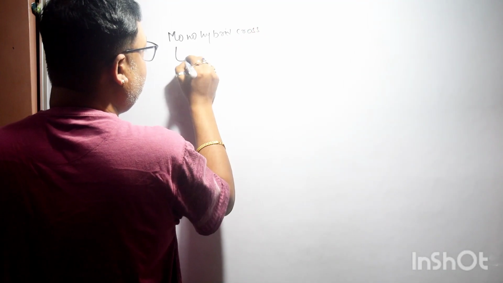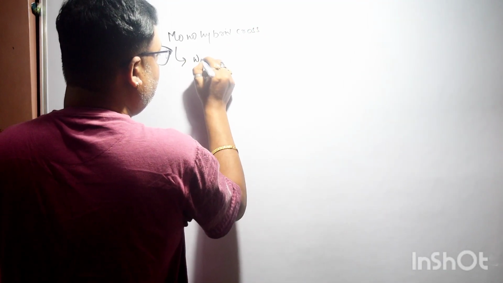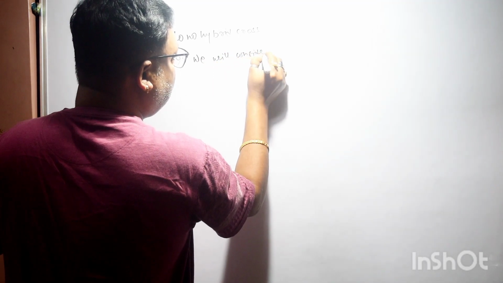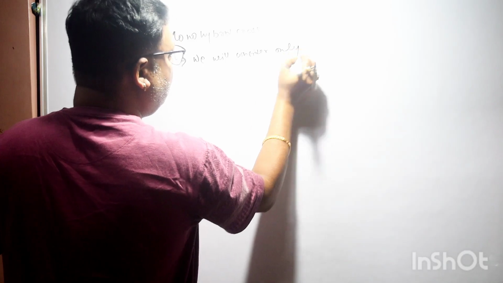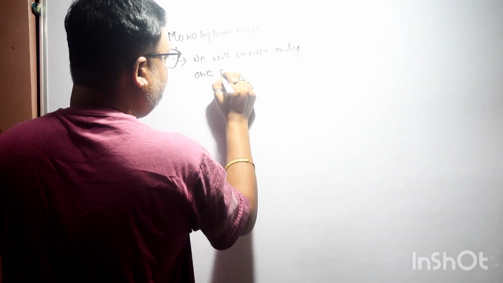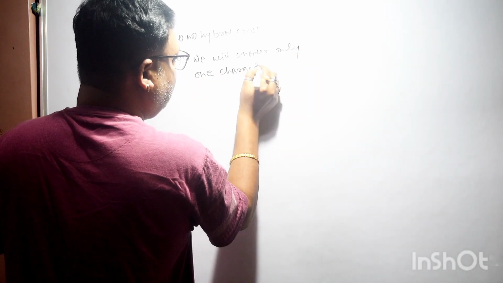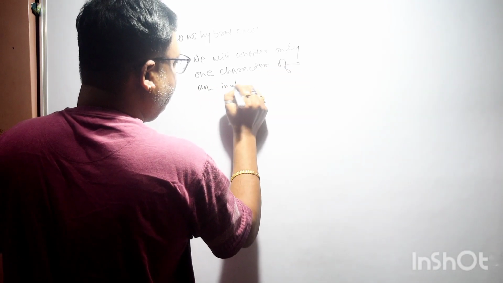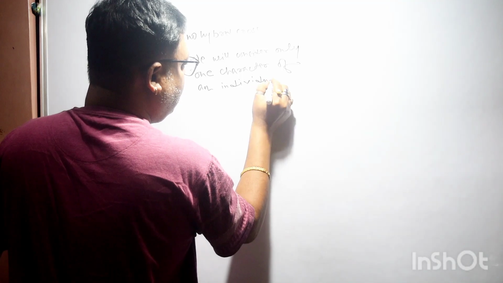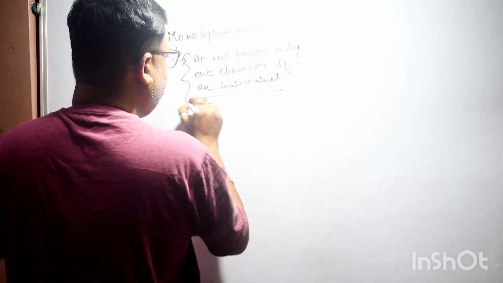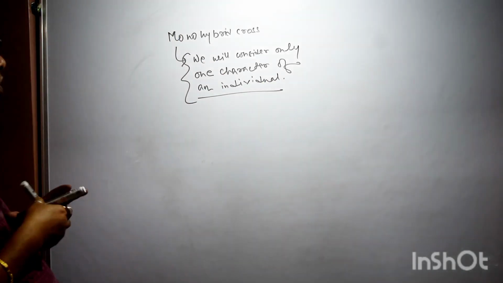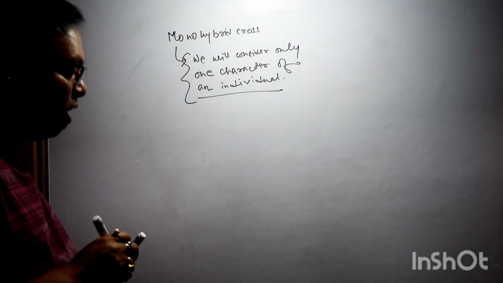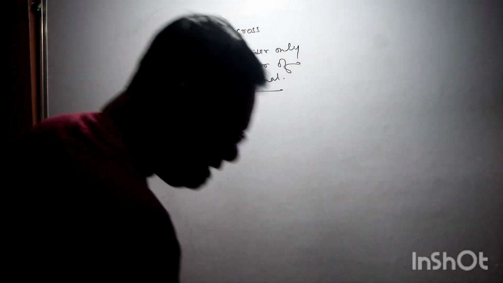In monohybrid cross, we will consider only one character of an individual, right?